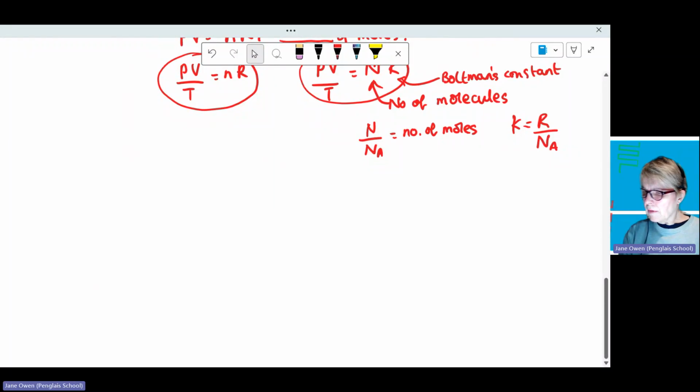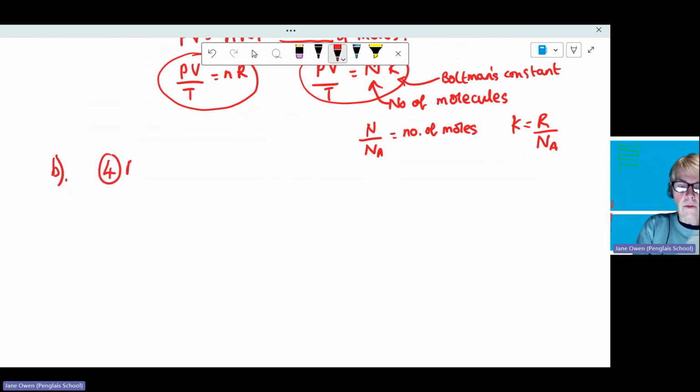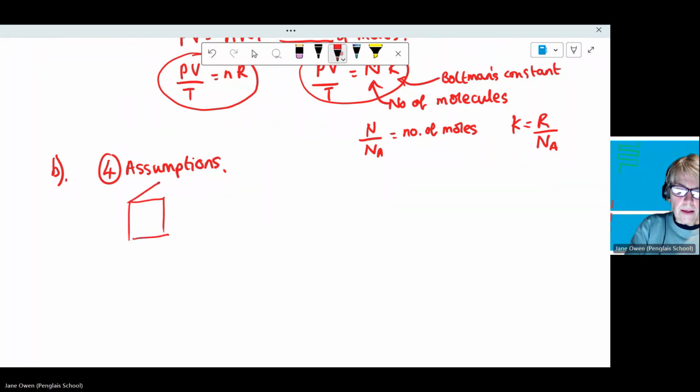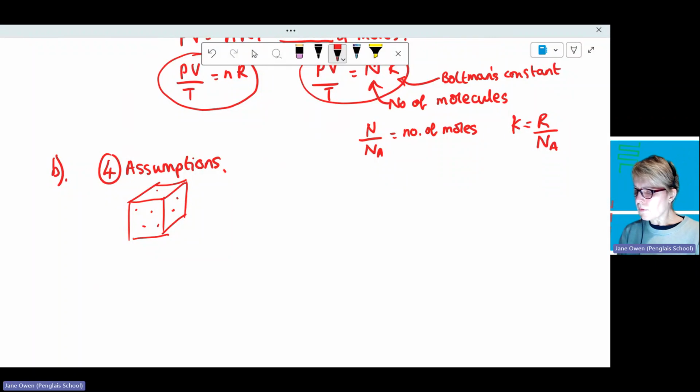Okay, let's move on then to the kinetic theory of gases, part B. There's mainly 4 assumptions, and from those 4 assumptions, all else flows. So if you consider a gas in a container, those particles are moving.